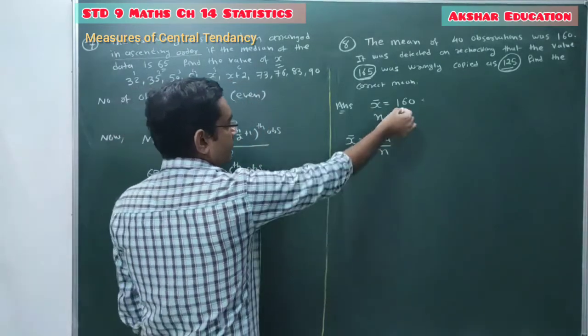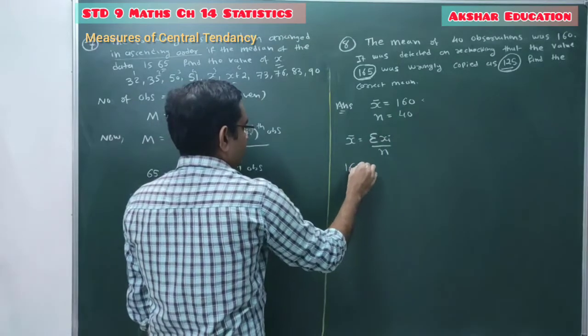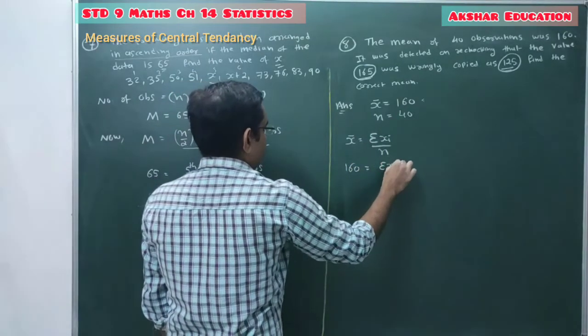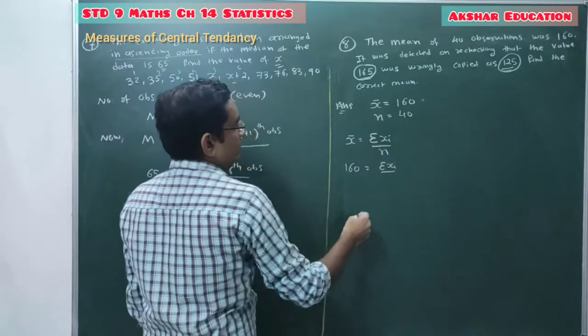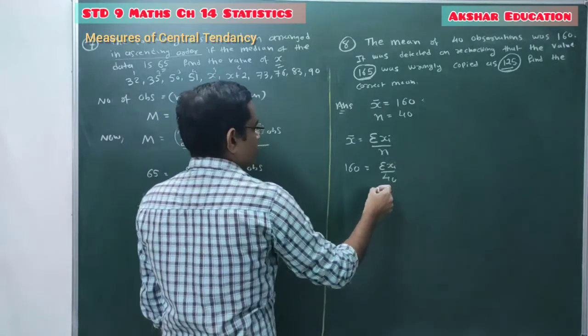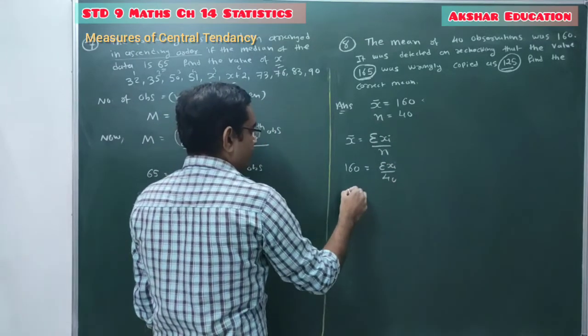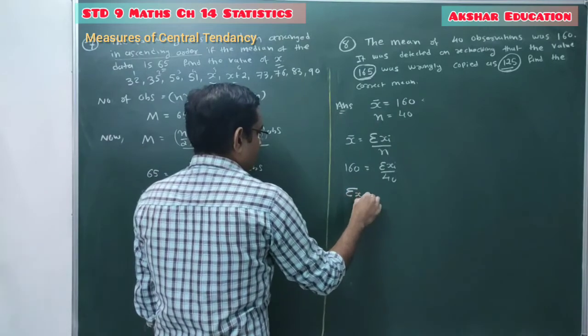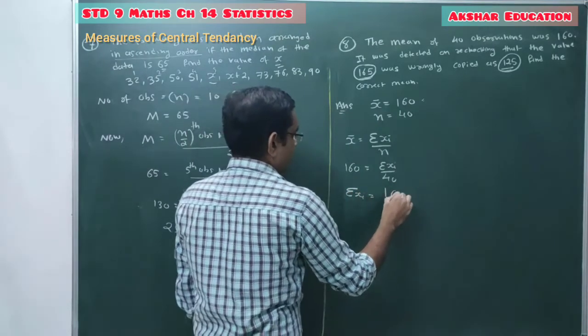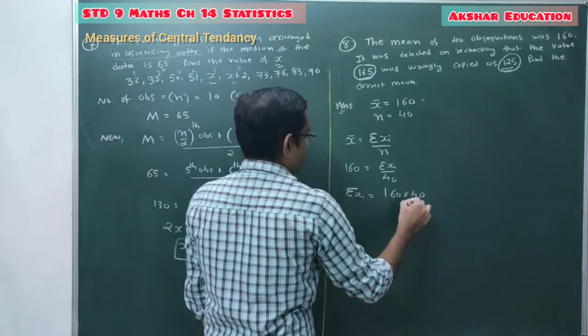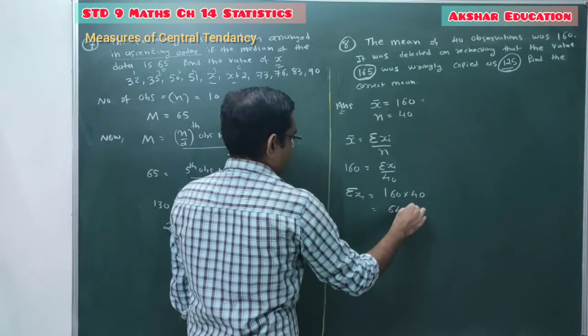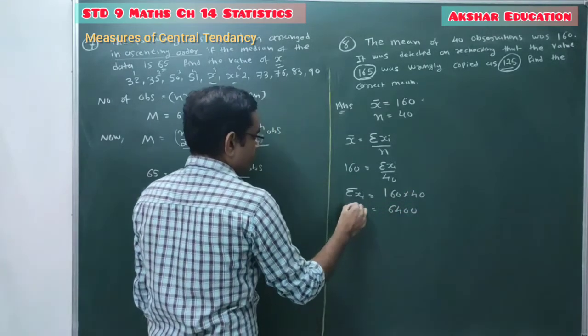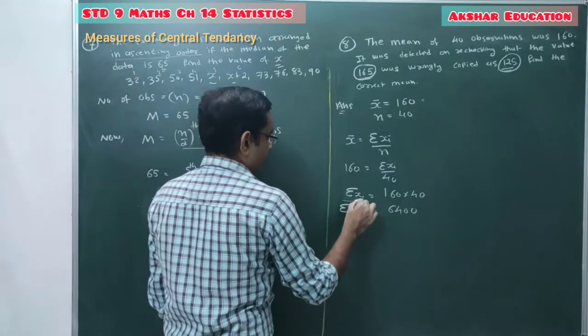Mean is 160, the number of observations is 40, so the sum of all 40 observations is 160 into 40, so it's 6400. This is the sum of all the observations.